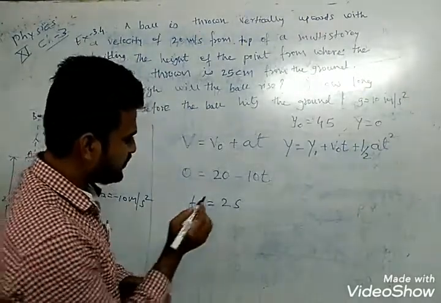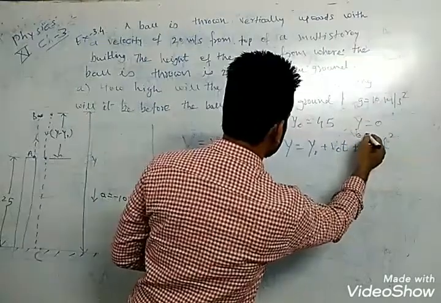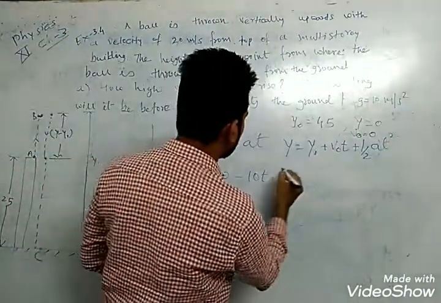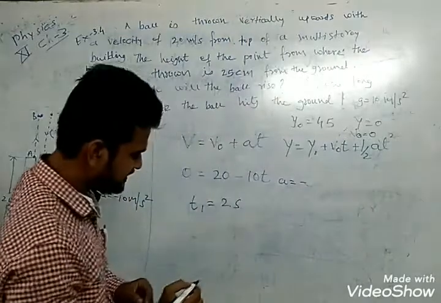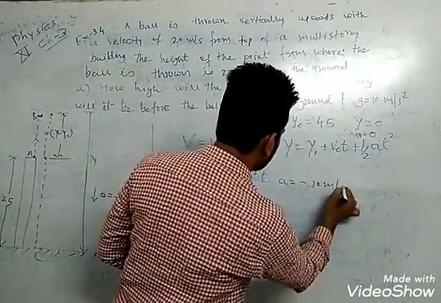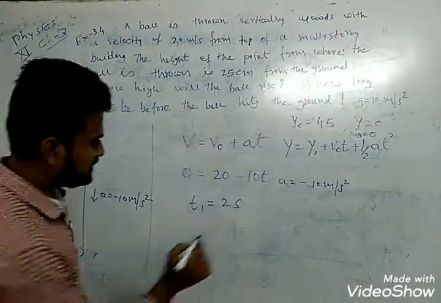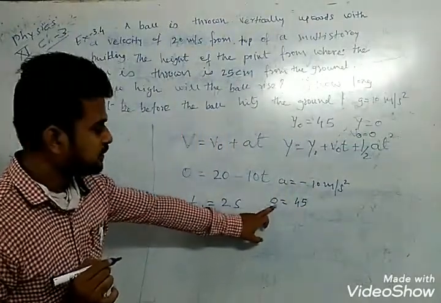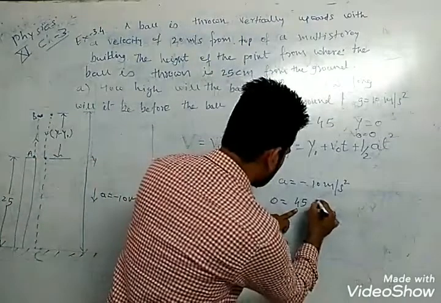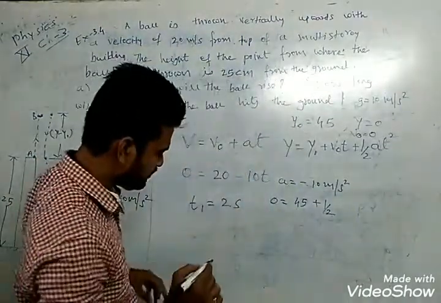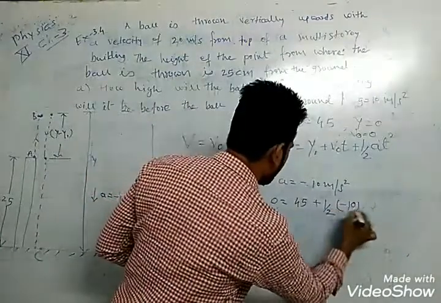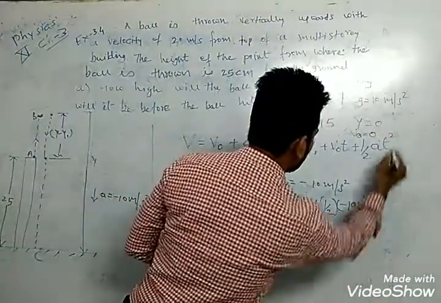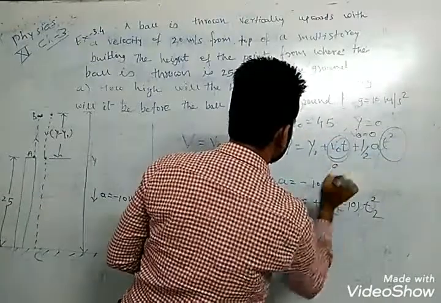Next, v0 is equal to 0 and a is equal to minus 10 meters per second squared. Putting in all the values: 0 equals 45 plus 1/2 times minus 10 times T2 squared, because the v0 term is 0.